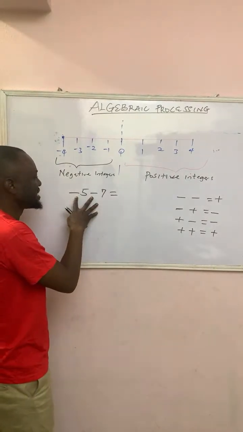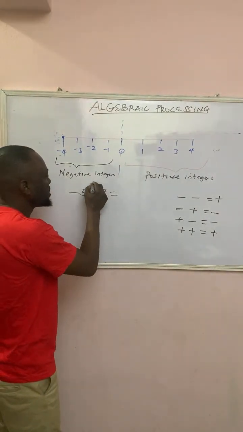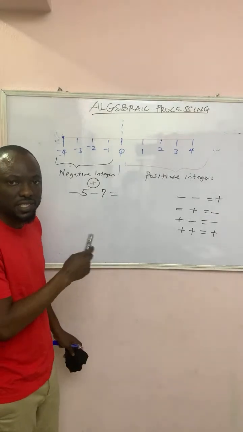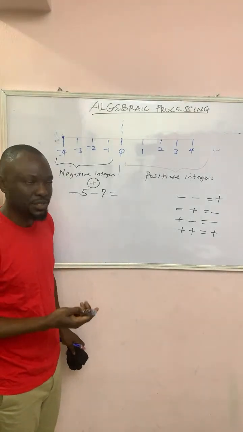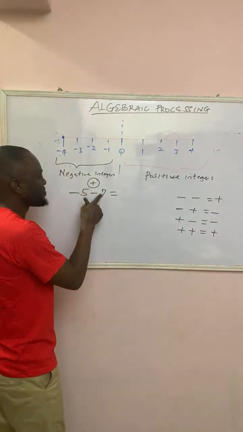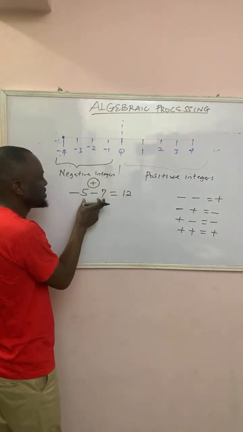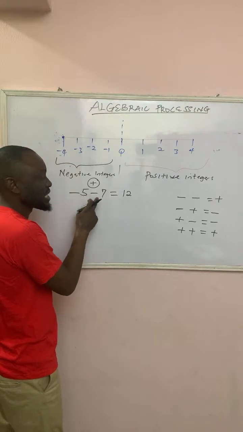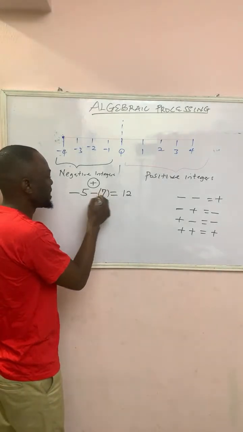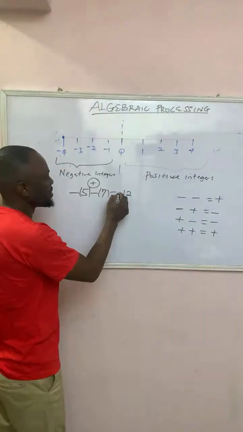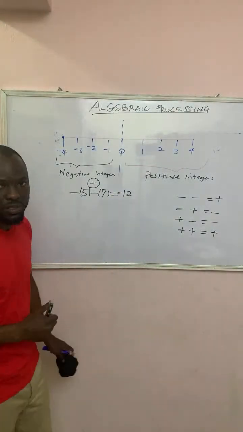If the signs are identical, it tells you that the operation you have to perform on these integers is addition. So we add 7 plus 5, which gives us 12. Now you look at the two numbers without the sign: 7 is bigger than 5. So take the sign of the bigger number. Your answer will be -12.